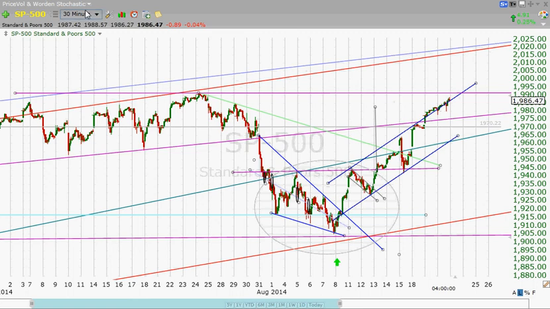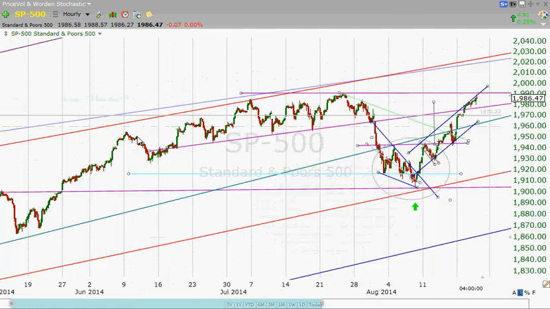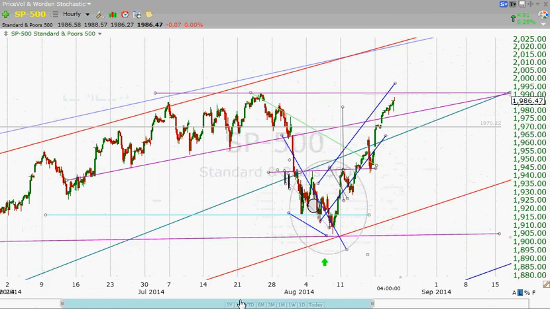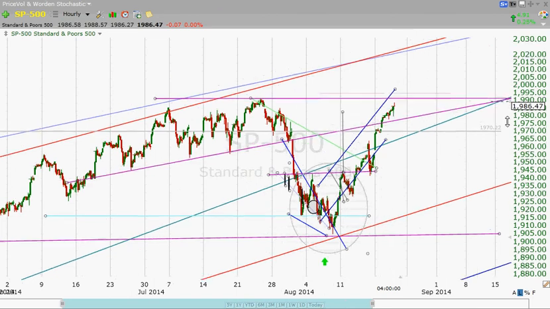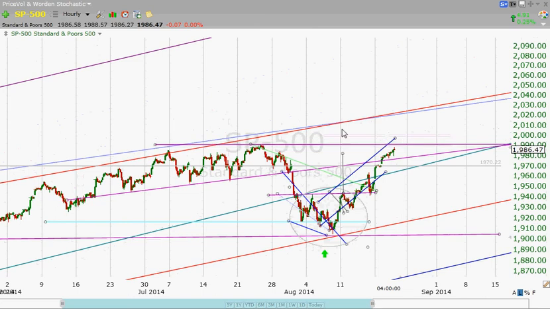It would be great, frankly, if this ended up being an inverted head and shoulders. If you're a bull, let me tell you why that would be great. Because if this is our neckline, let me just borrow this line. We measure the depth of the head, which, by the way, the head of this pattern itself, if this is an inverted head and shoulders pattern, the head would itself be a smaller pattern.